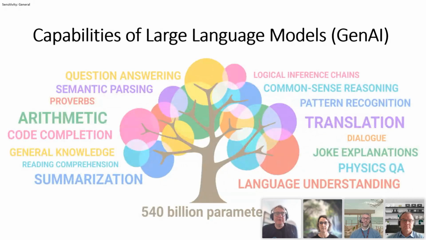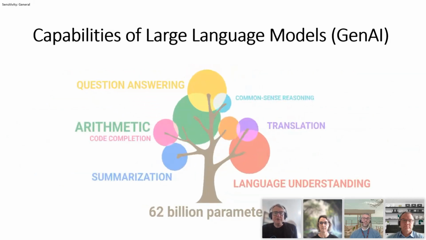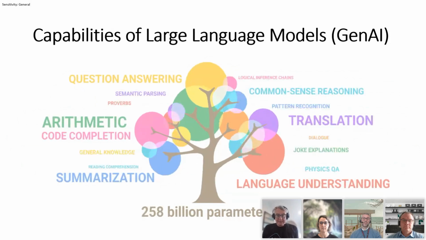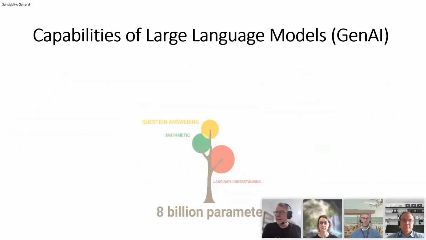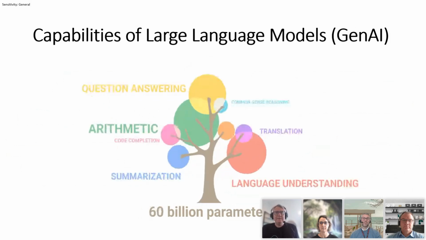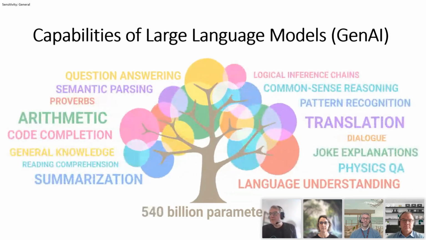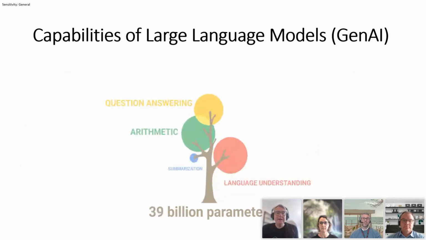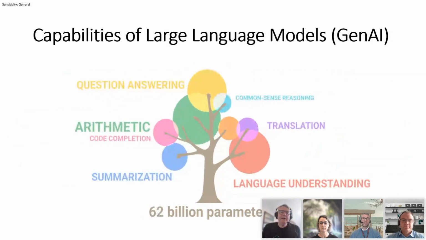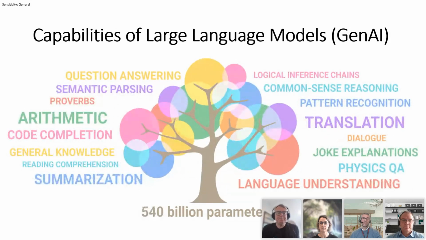What they discovered, and this was GPT-3, was that the more you train it, it gets what we call emerging capabilities. So the ability to understand humor, understand human behavior, and all these sorts of different things. As a comparison, the human brain has about 20 trillion parameters. So we've got a long way to go to get there. But the AI is much better at remembering and things like that.